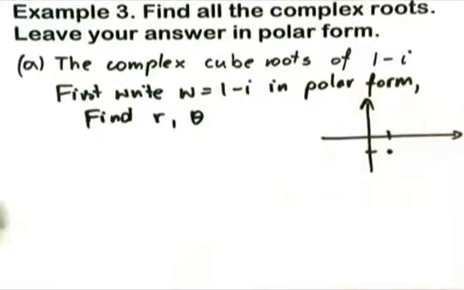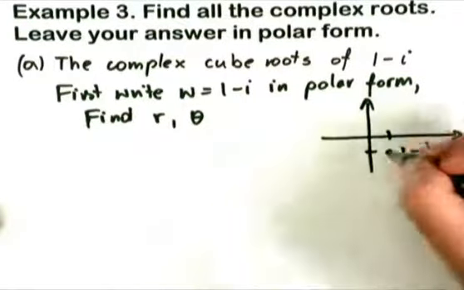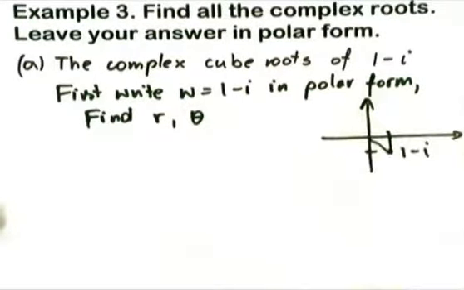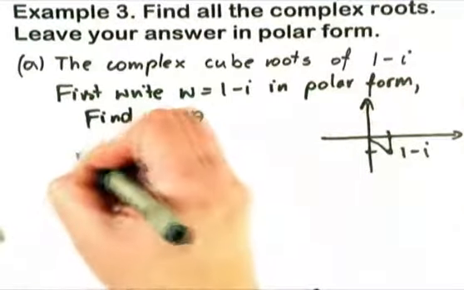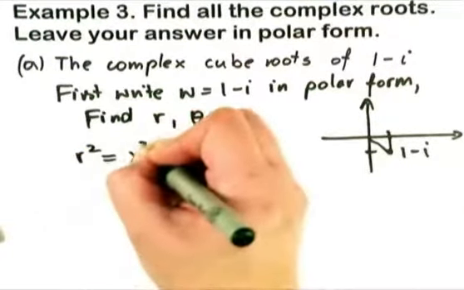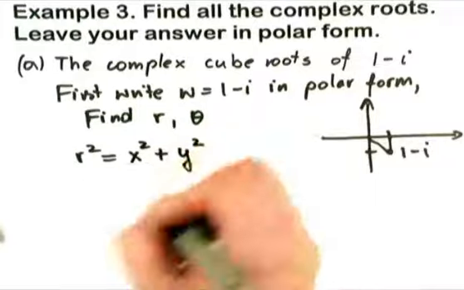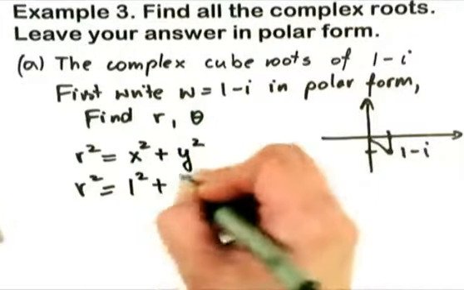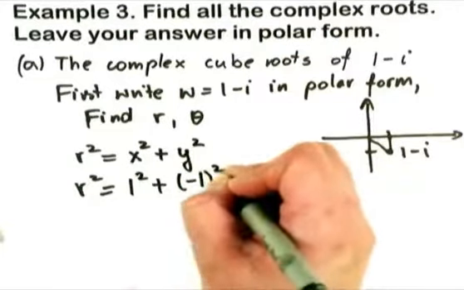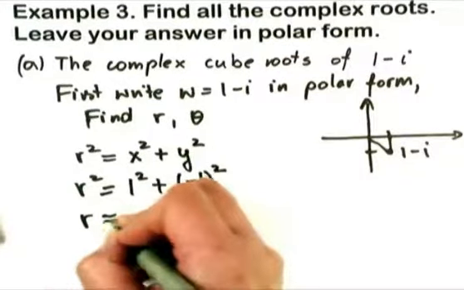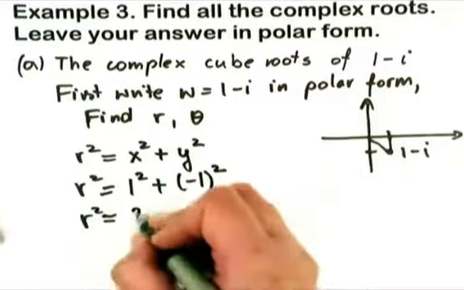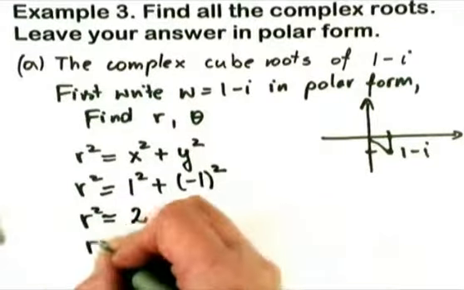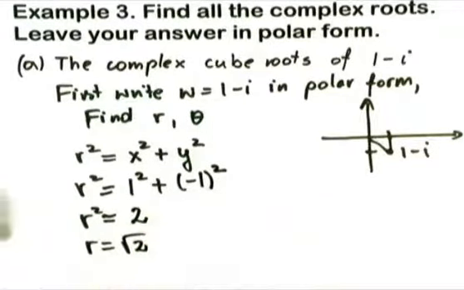We are in the fourth quadrant. 1 minus I. We can connect this to get the r. We know that r squared is equal to x squared plus y squared. So r squared, my x is 1, y squared is negative 1. So r squared is 1 plus 1 is 2. So r is square root of 2.